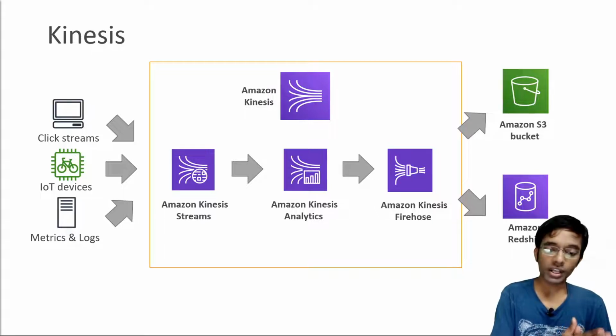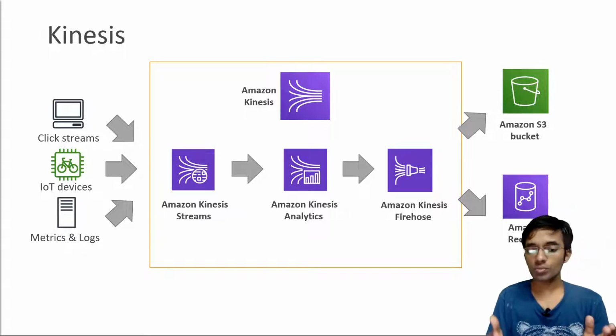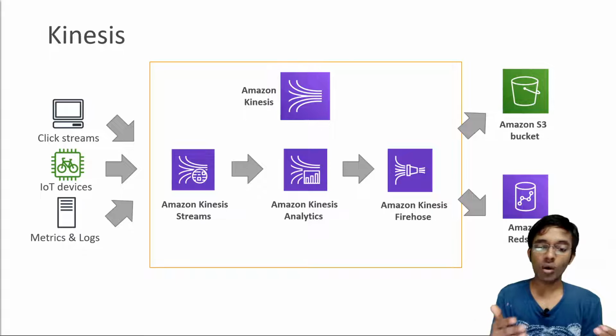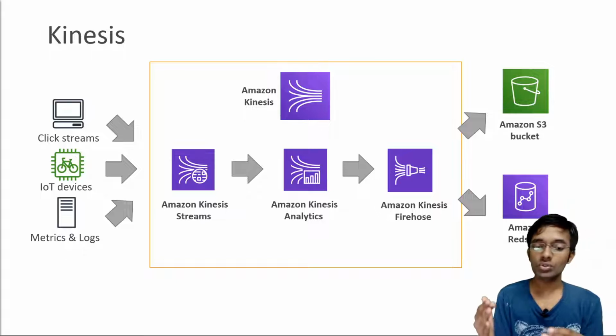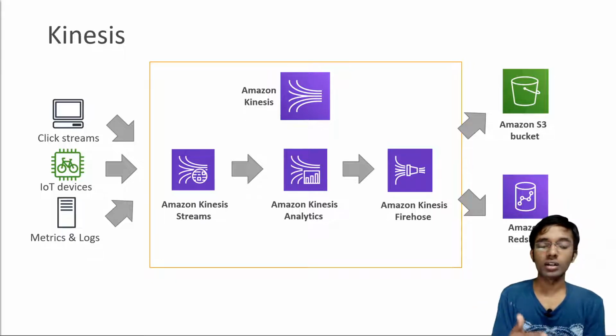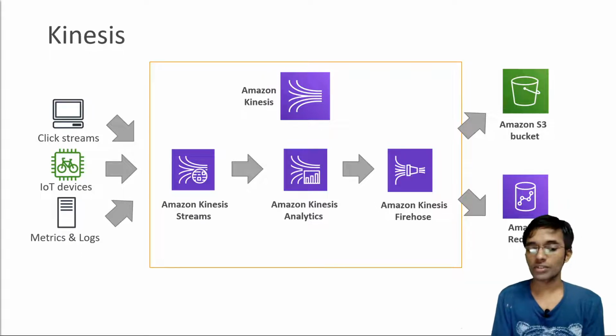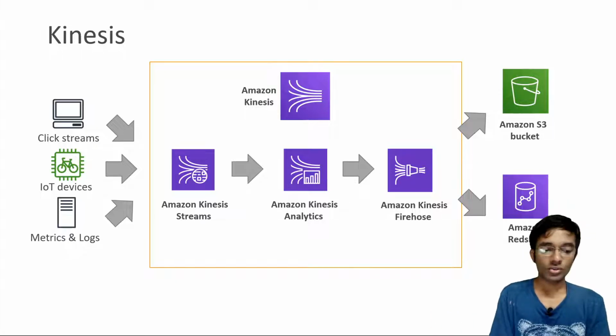Then from the Kinesis Analytics, it's possible for you to send it to Kinesis Firehose. Okay, and Kinesis Analytics is obviously optional in that case, but Firehose would be helpful to send the data into some stores that you like. For example, Amazon S3 buckets or Amazon Redshift, or wherever you can build your dashboards, or build your alerting, that kind of thing.